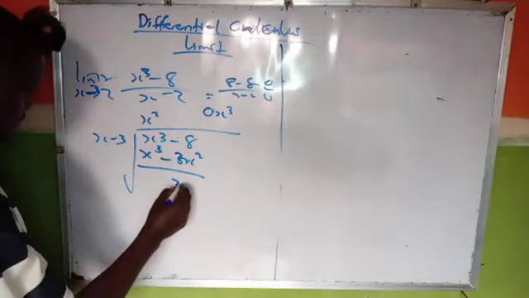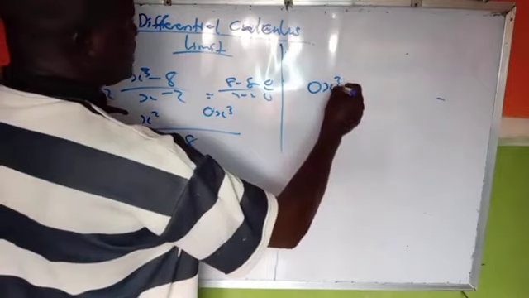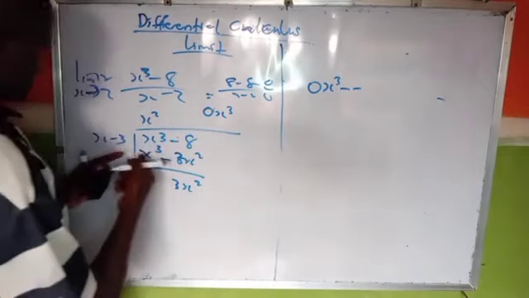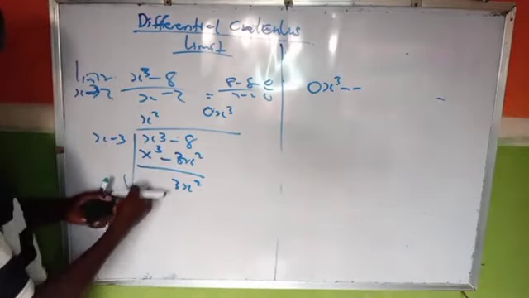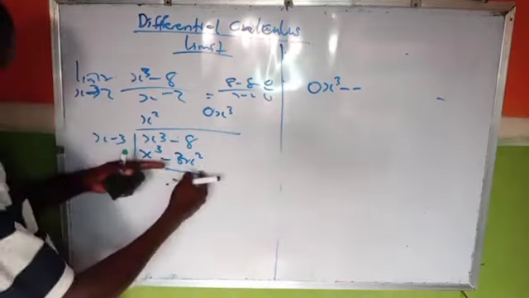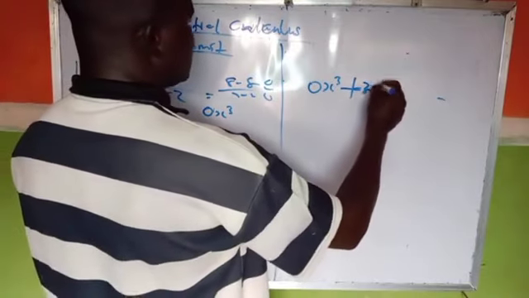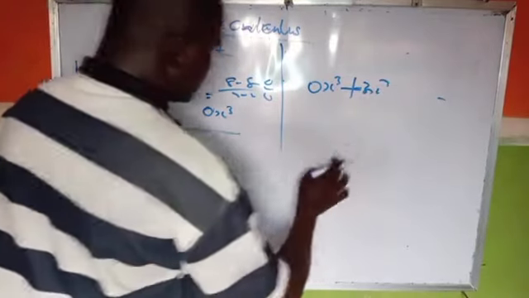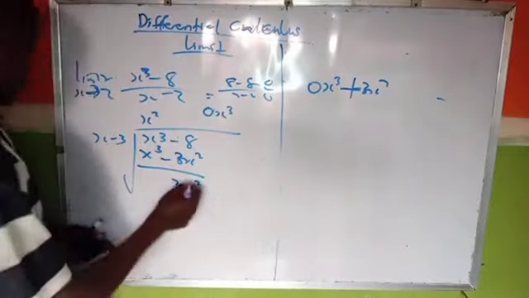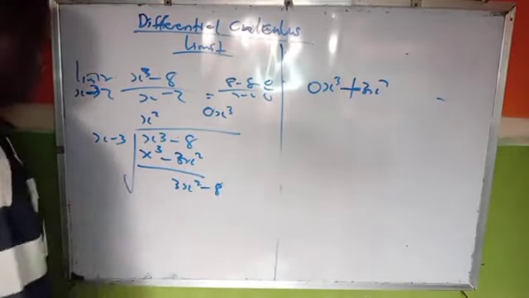Minus times minus is plus. Then plus 2x squared. So if you add this together, you will have this. Then you bring this 8 down.